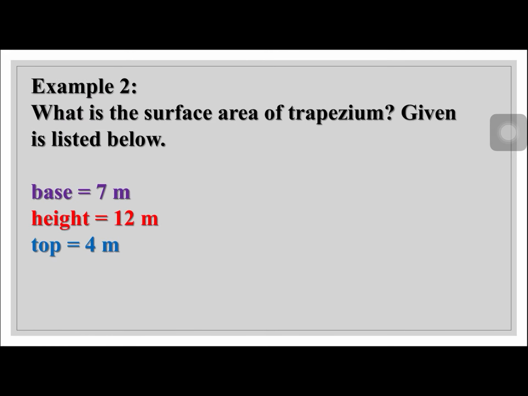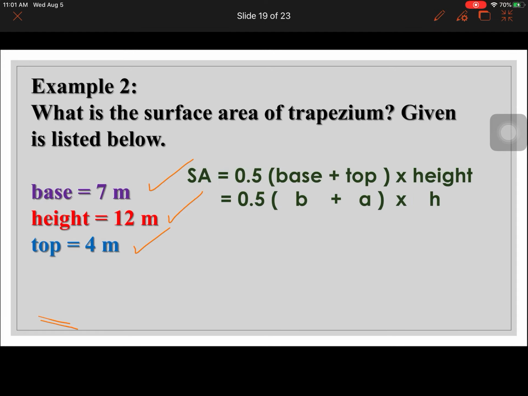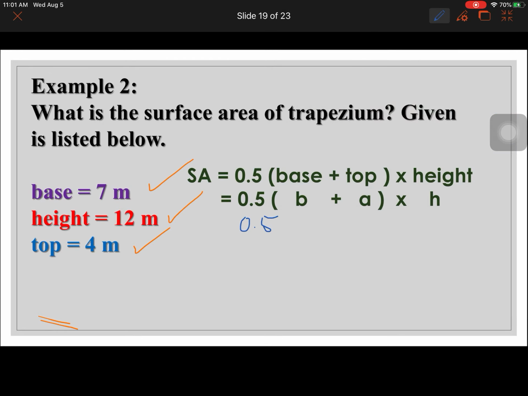Example number 2. What is the surface area of a trapezium given the listed below? Ang base natin ay 7 meters, ang height is 12 meters, at ang top is 4 meters. Use the same formula. Substitute nyo lang yung mga value. Example, 0.5 times ang base is 7 plus ang top o yung A natin is 4 times height is 12.